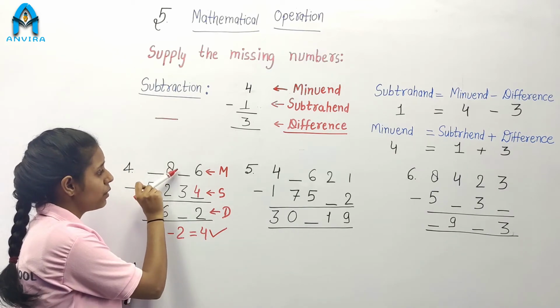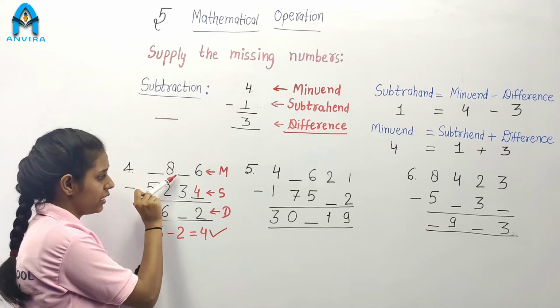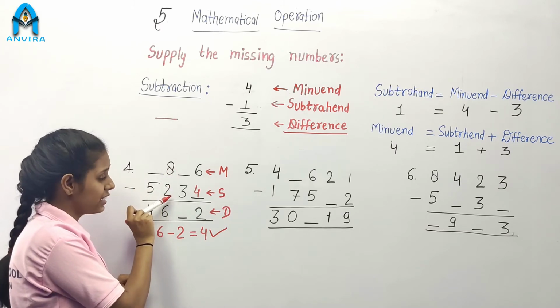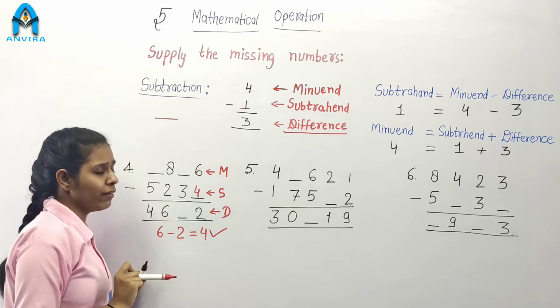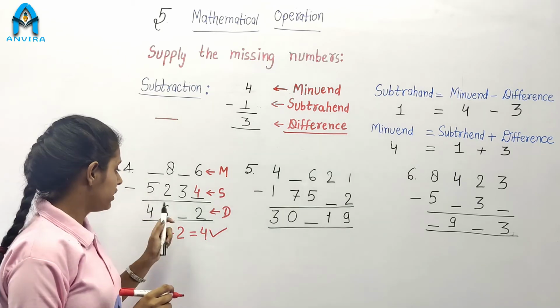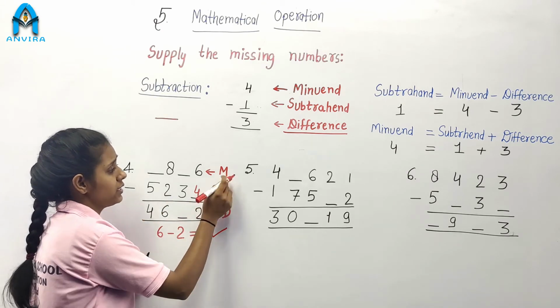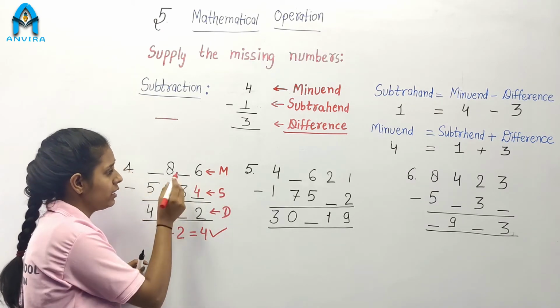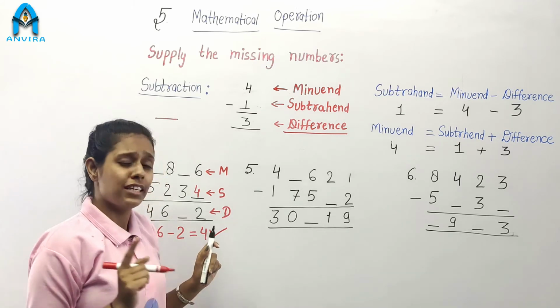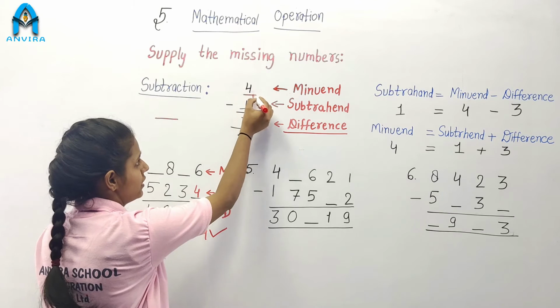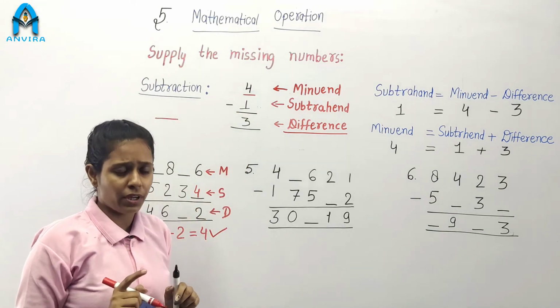In this case, minuend is missing, subtrahend is given, and the difference is missing. What do we have to do? We all know that the minuend is always greater than the subtrahend.